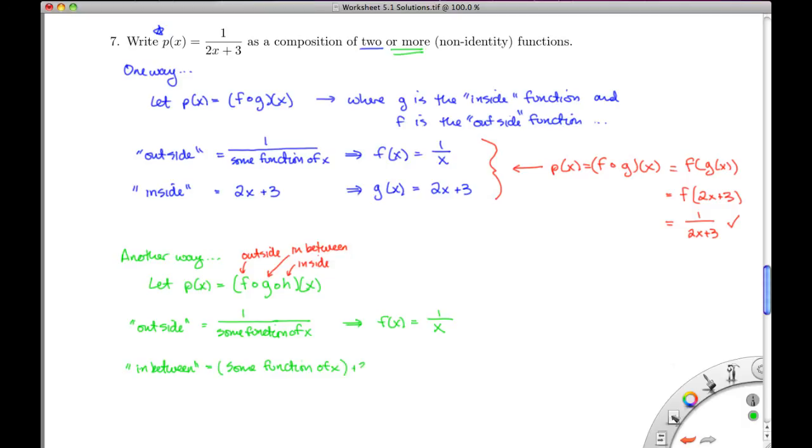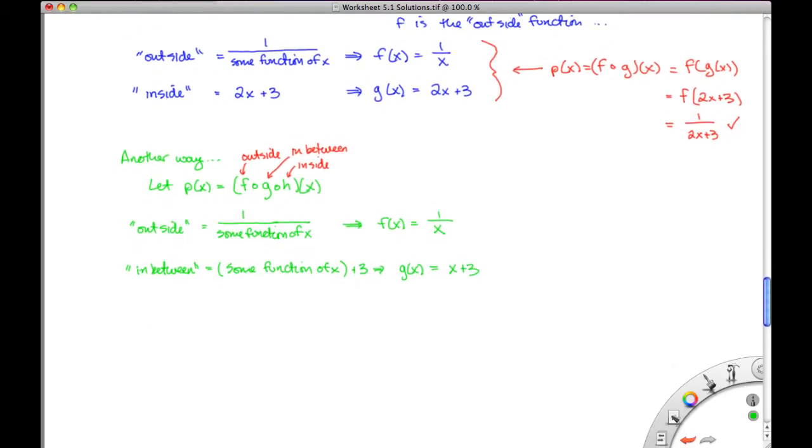So maybe what we could do is let g of x be defined as just x plus 3. Well, we don't quite have all the pieces together, so maybe this most inside function could be 2 times, and then we run out of functions of x. We've just got the identity function x. So this will be our h of x.